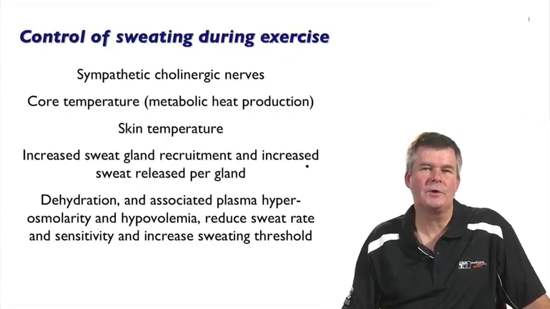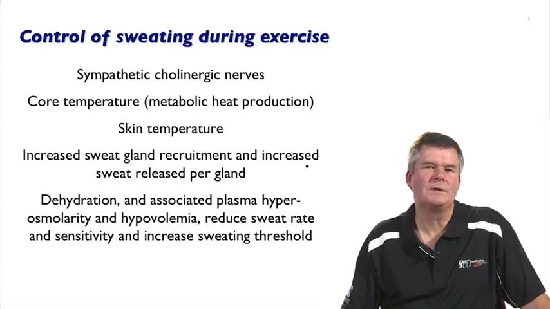In terms of the control of sweating during exercise, it is under sympathetic control, and the sympathetic cholinergic nerves have an important role in activating the sweating process and in modifying the skin blood flow. The core temperature is a major driver of the sweat rate, and this, as I said earlier, is driven by the rate of metabolic heat production or the exercise intensity.